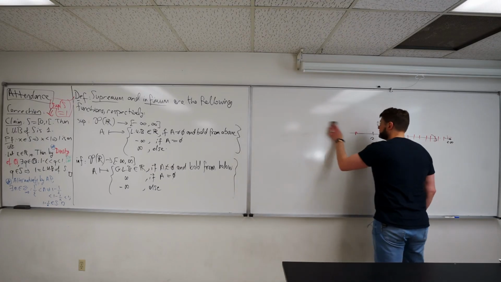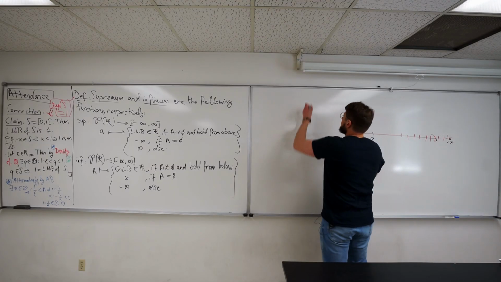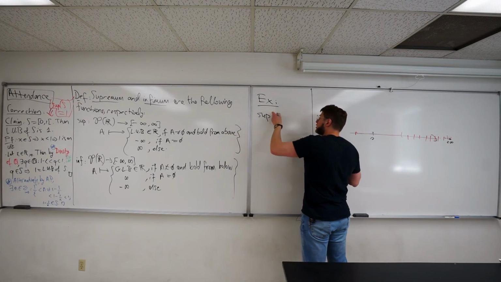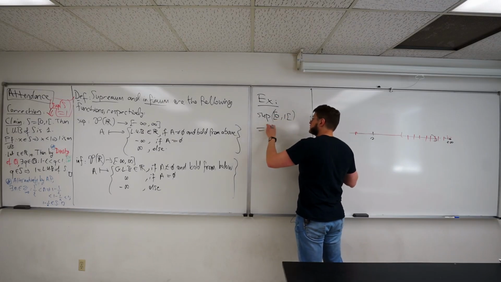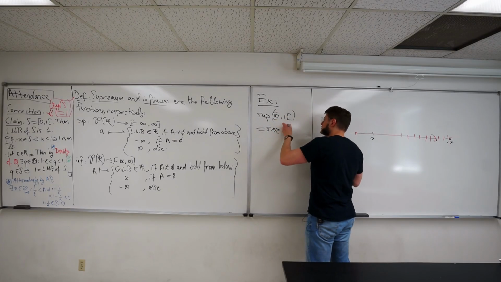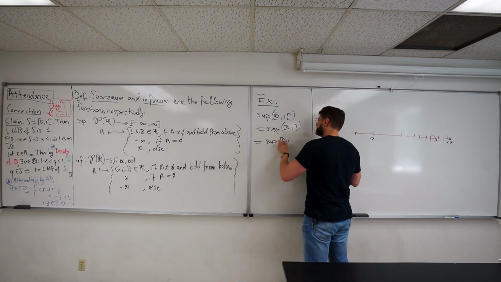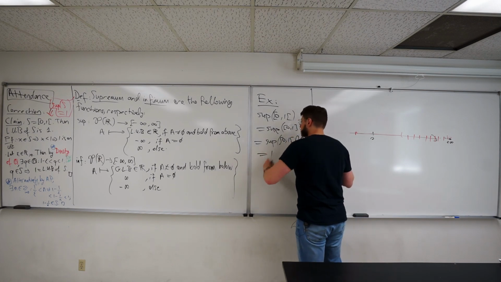So for instance, what I can say is sup of [0, 1] equals sup of [0, 1) equals sup of (0, 1) intersected with the rationals. These are all equal to 1.